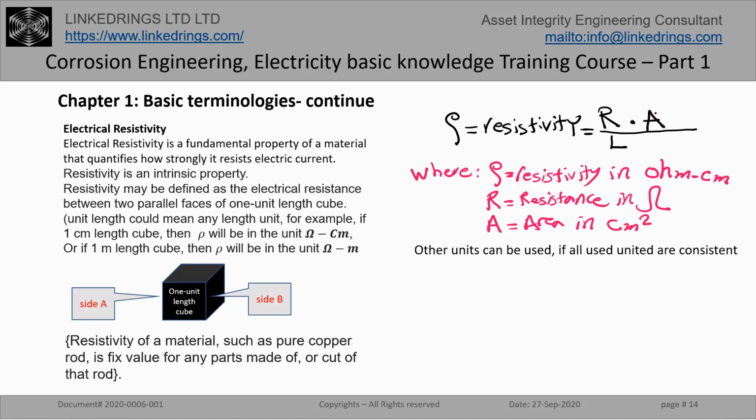For example, we're talking here about the area and the length. Either we use square centimeter and centimeter, or we use square meter and meters. And then the resistivity units will follow. Either it will be ohm centimeter or ohm meters.